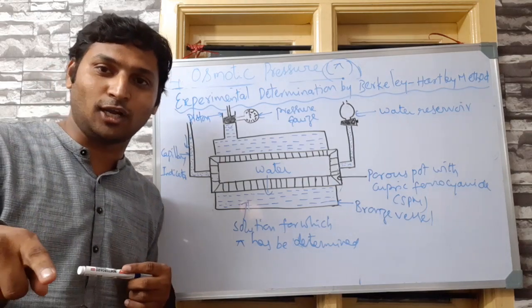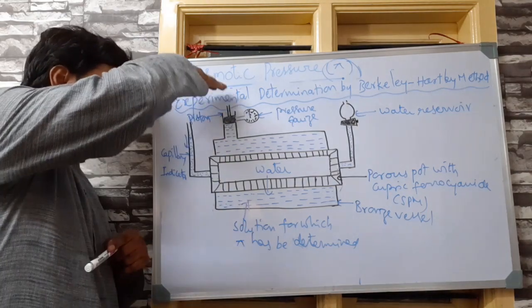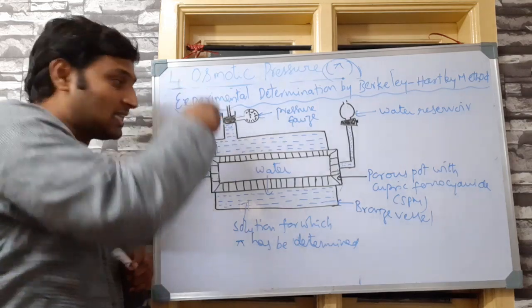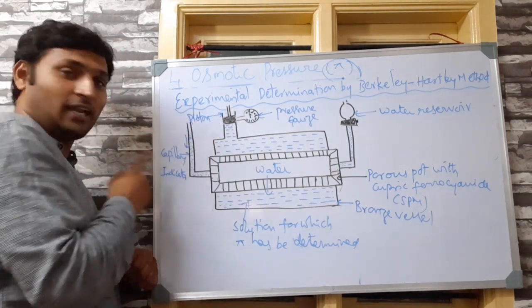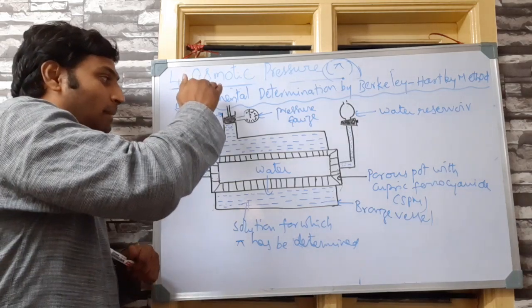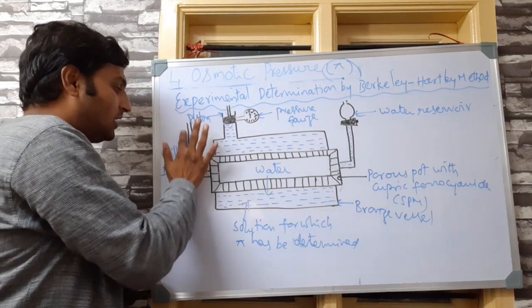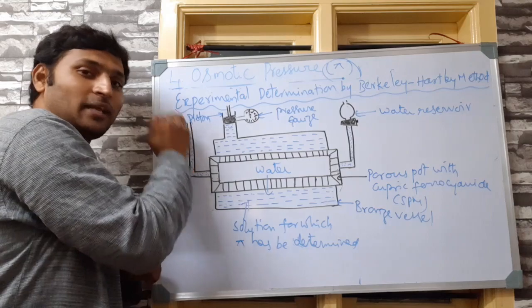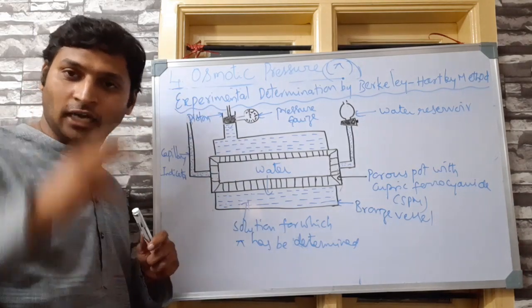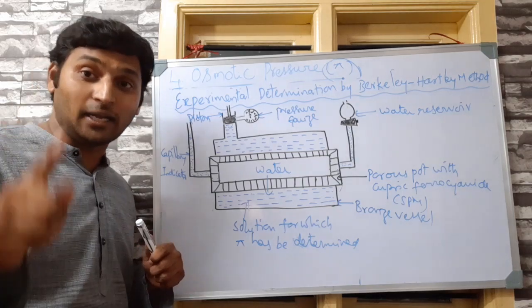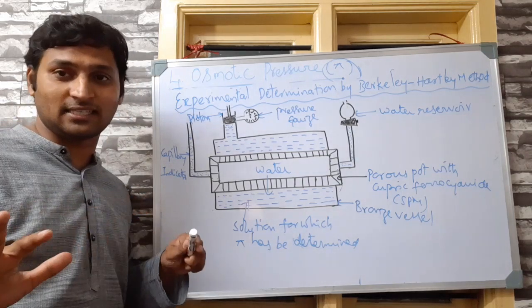Now what will we start doing? We will start putting weights on this piston and start creating pressure on this solution and keep observing this capillary level. By applying how much pressure does the capillary level remain constant? It won't continue to decrease. At that point, the process of osmosis has stopped.